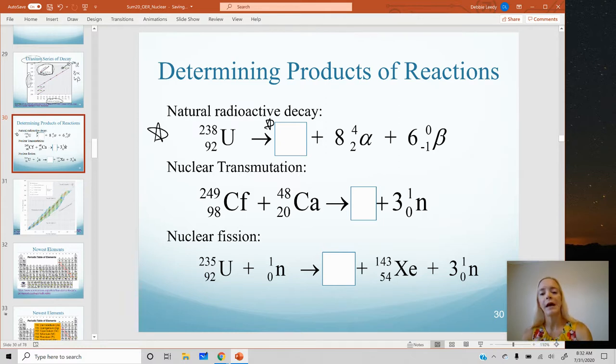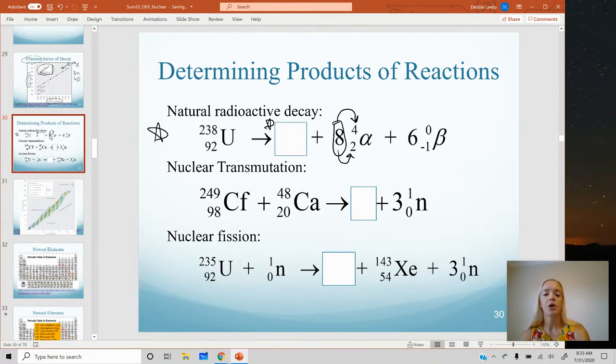So realize when we have a coefficient in front of a nuclear particle, what we're going to do is actually multiply its value times the atomic number and mass number. So we're still balancing the same way, but now in order to get the total, we have to multiply a coefficient through.